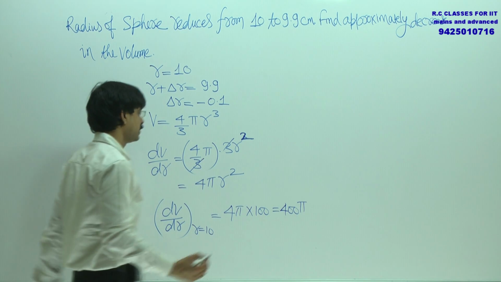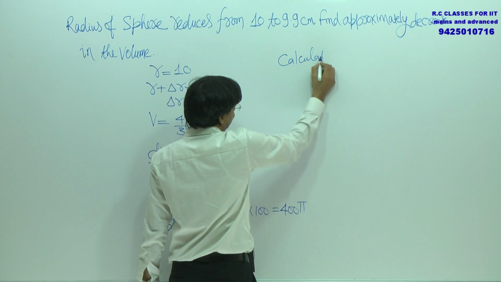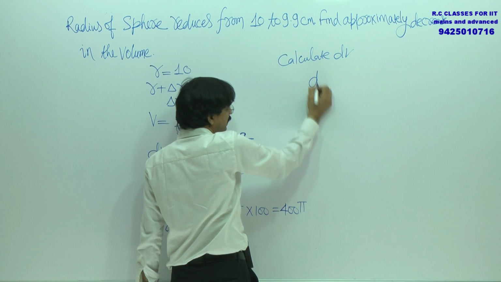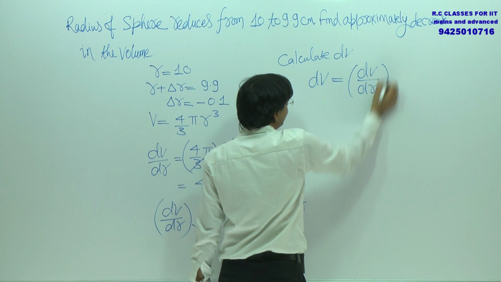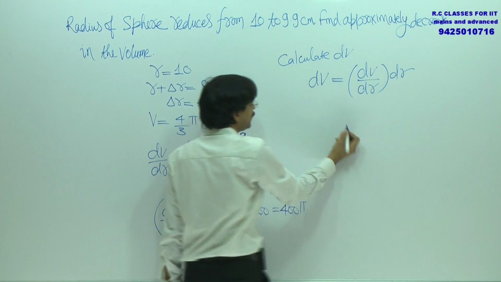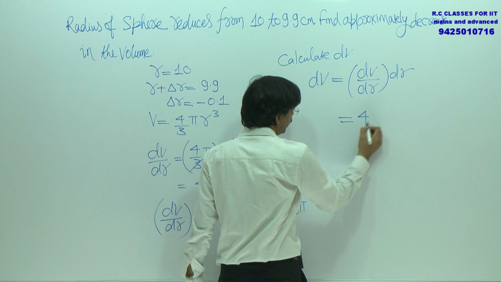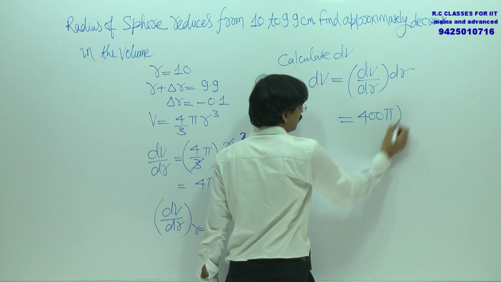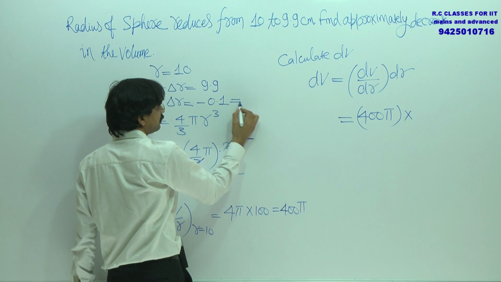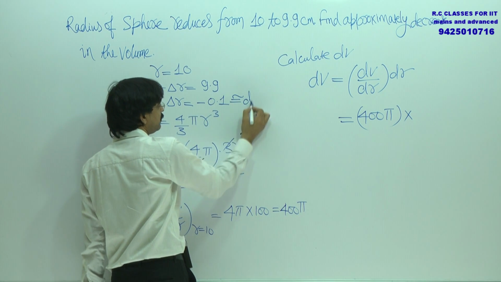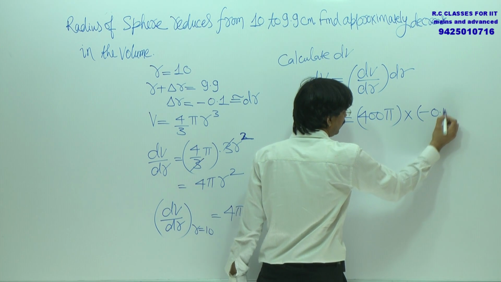Okay. Now to calculate the approximate change, to calculate dV, we will be using the relation dV is equal to dV by dr into dr, right? The dV by dr at r equals to 10 is 400 pi into that dr. Dr is nothing but the change, the delta r is equivalent to dr, minus of 0.1.